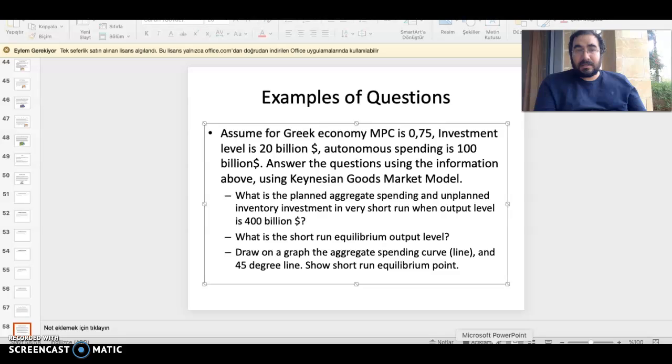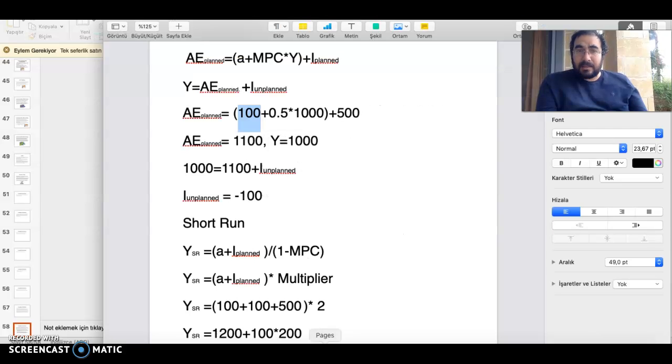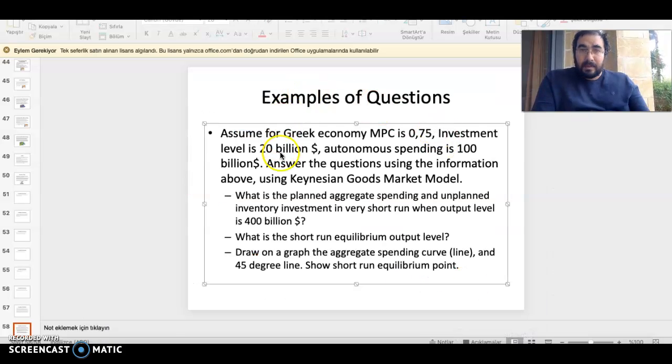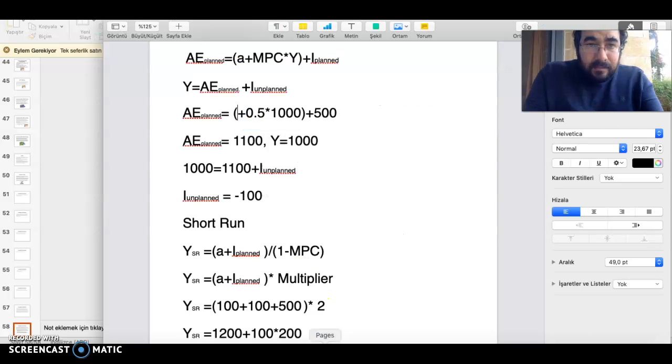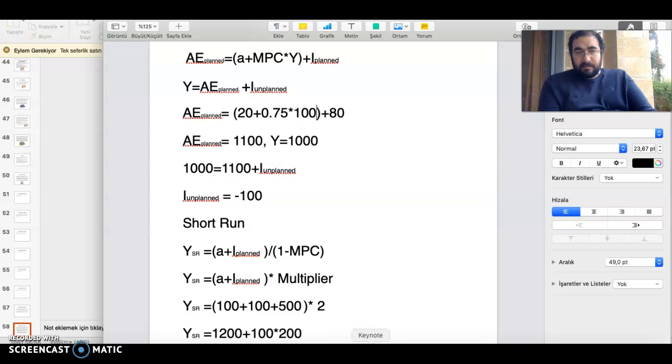Actually, this question in this way is interesting. But let's solve it by assuming this is planned investment level and basically this is total autonomous spending. If that's the case, in that case, this will be 80 and 20. This is 0.75. And this is, I believe, 100.